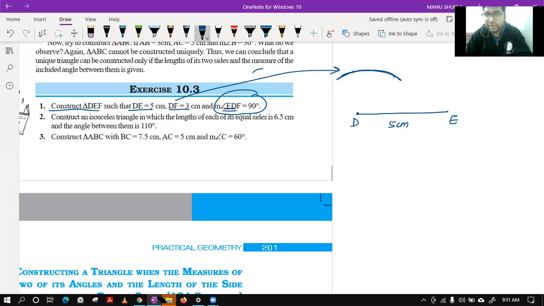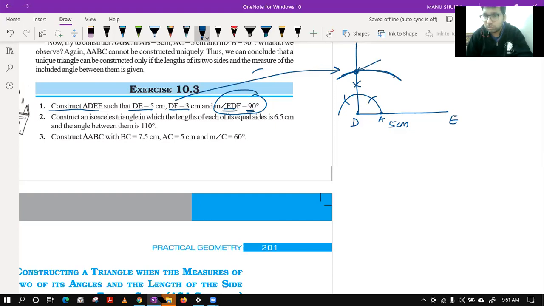Angle EDF equal to 90 degree. For that, you have drawn an arc like this. Then you have kept the compass on this point. Suppose you name it like A, B, C, D, whatever you want. Keeping on A, take the first arc, second arc, then bisect the angle. And this is the point.